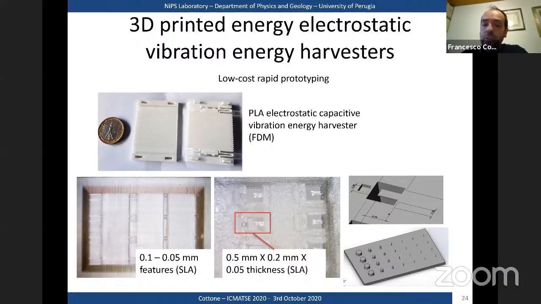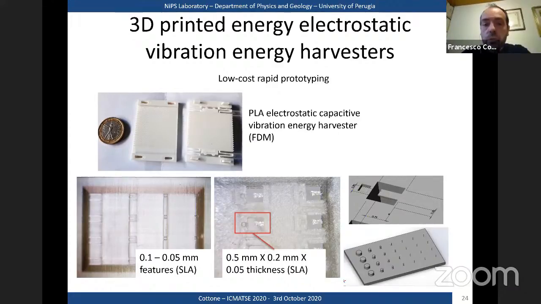So by using 3D printing and electroplating, which are two very low cost techniques, nowadays it is possible to make very nice and effective vibration energy harvesters. So micro generators of below 10 millimeters and below also 1 millimeter of length.